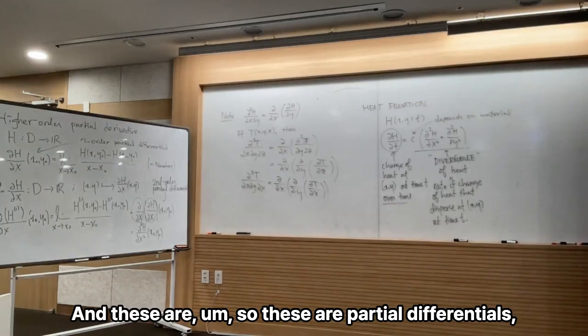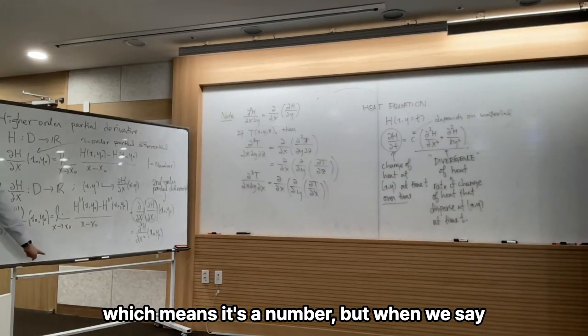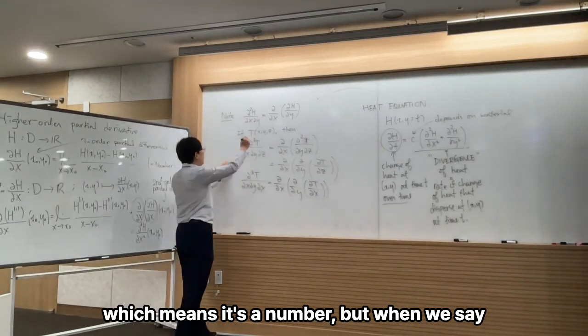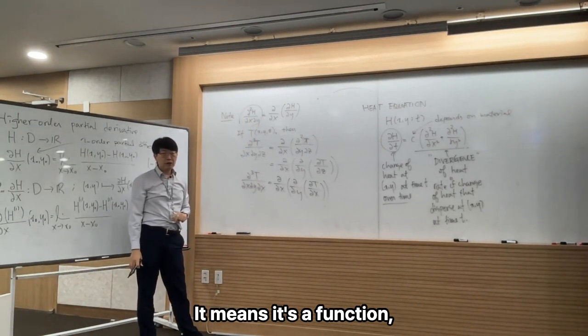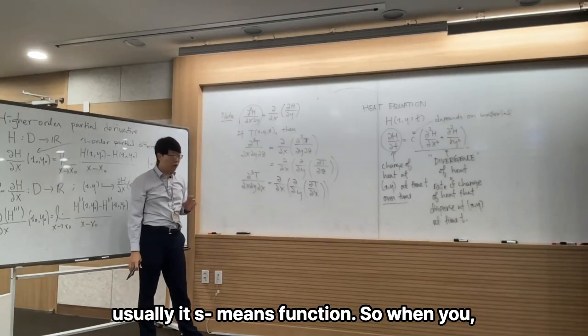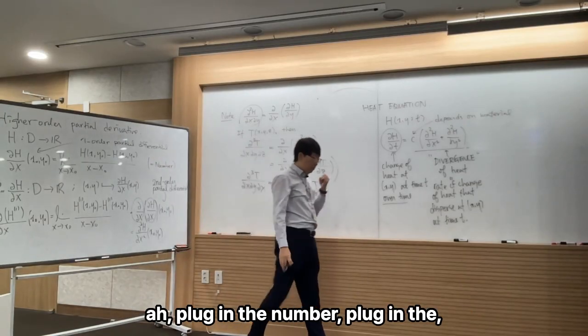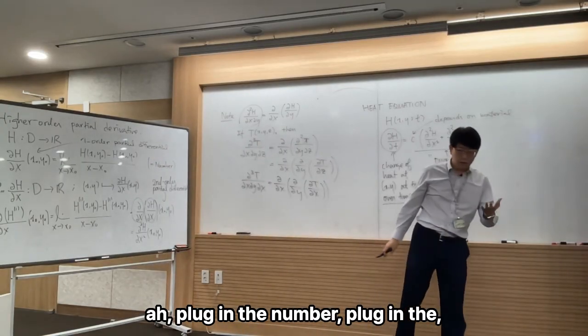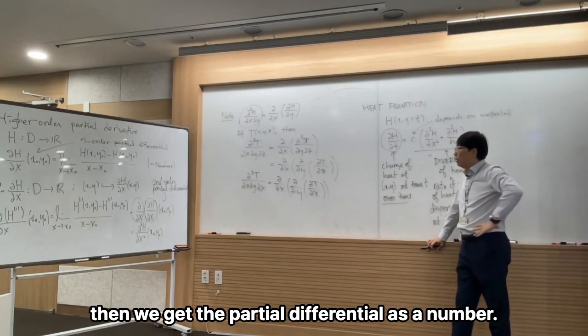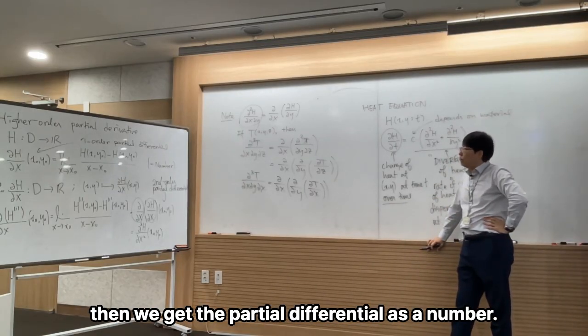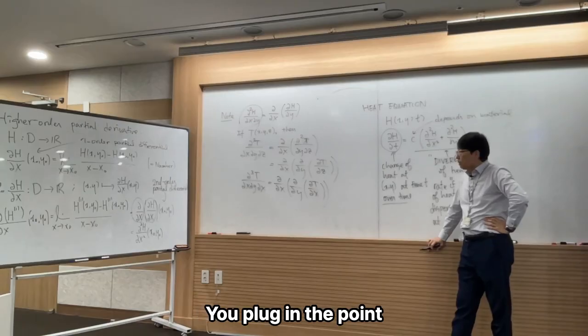And these are partial differentials, which means it's a number. But when we say it without mentioning the specific points, it usually means a function. So when you plug in the numbers, the coordinates of a point, we get the partial differential as a number. So that's the function. You plug in the point, so you get the number.